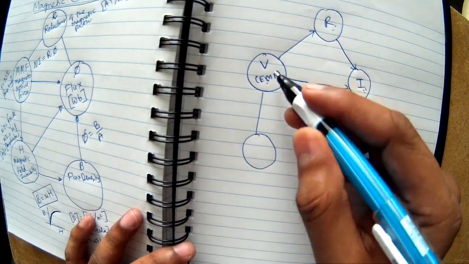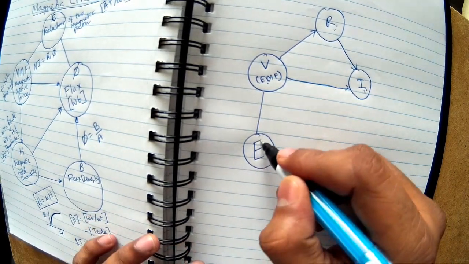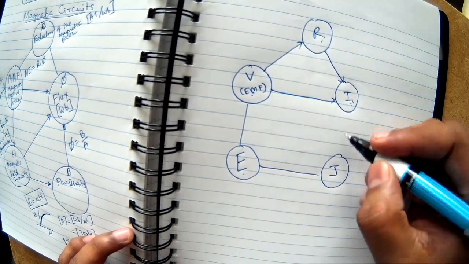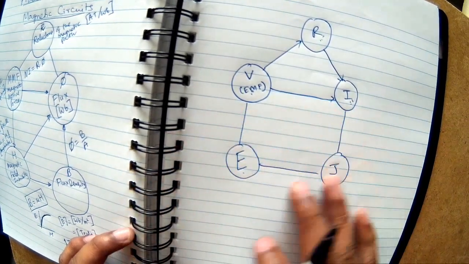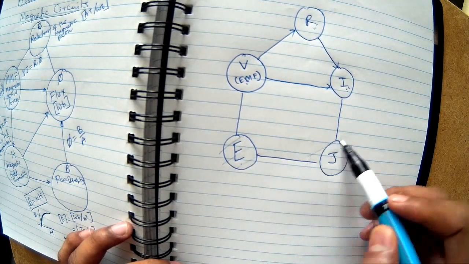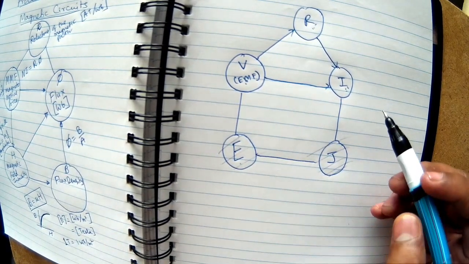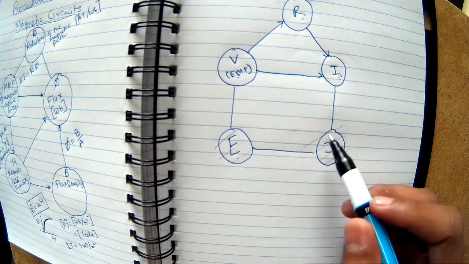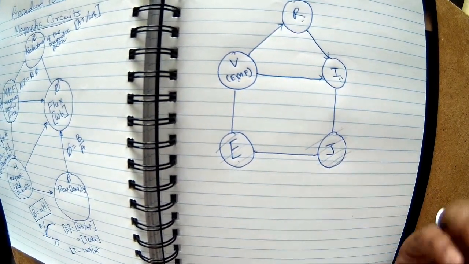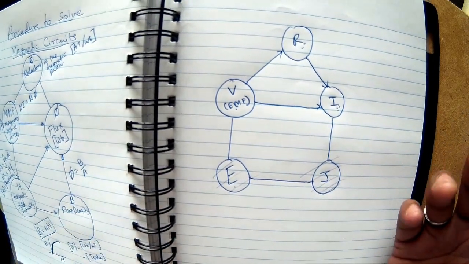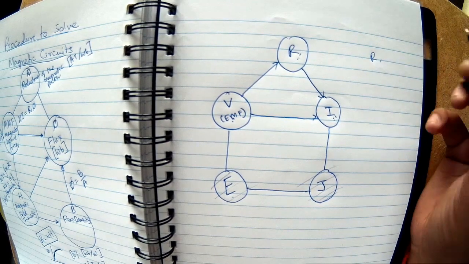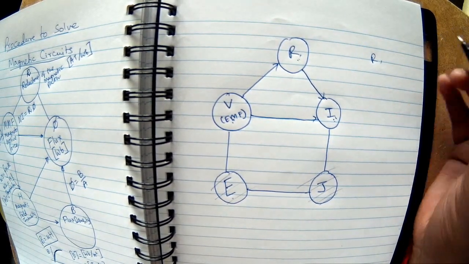So this is electric field intensity denoted by E, and this is the current density denoted by J. But typically in electrical circuit problems, we don't solve many problems using electric field intensity and current density, because in circuits we just use circuit parameters like resistance, reactance, inductance, capacitance and so on.